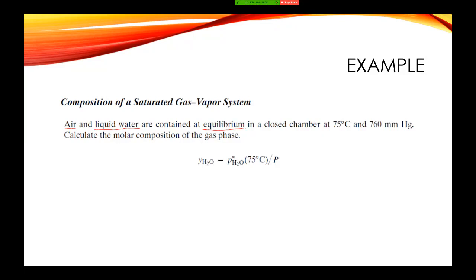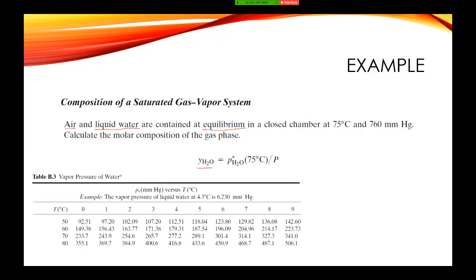If we do that, we solve Raoult's equation for the molar fraction in the gas phase of water. That will be equal to the vapor pressure of water at 75 degrees divided by the total pressure. So we have to find that value; we need the vapor pressure.